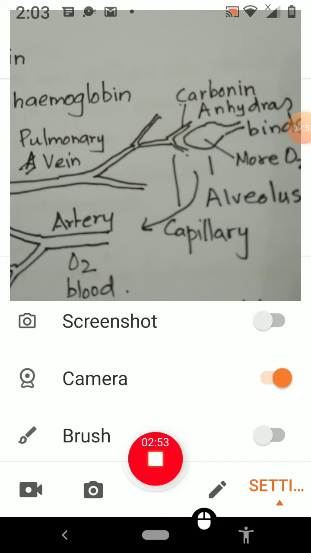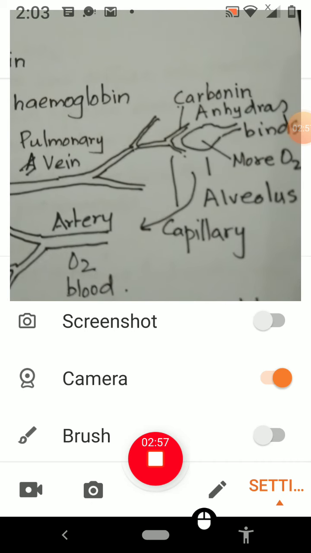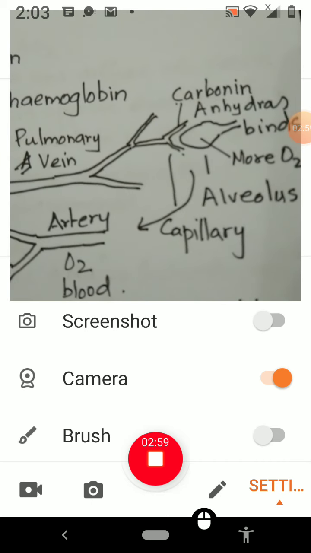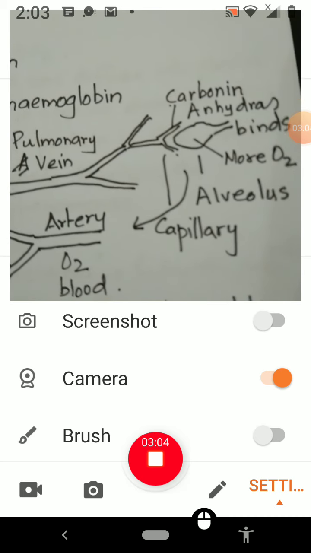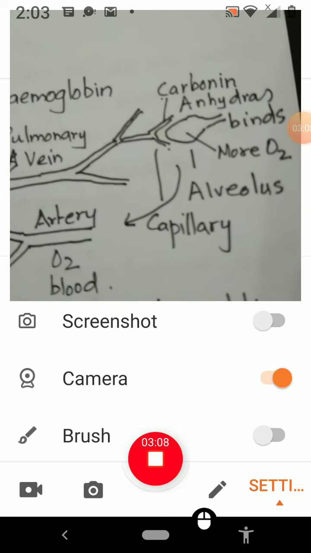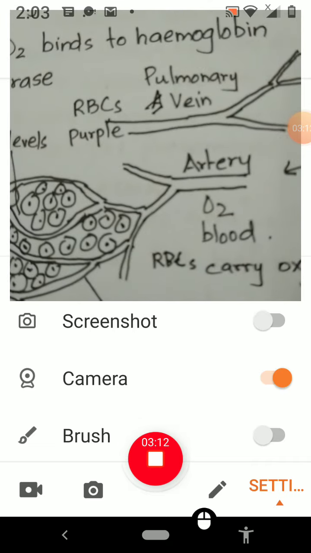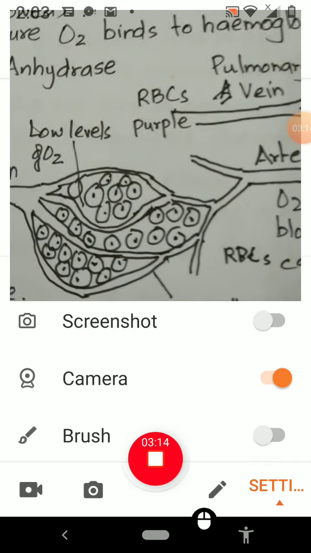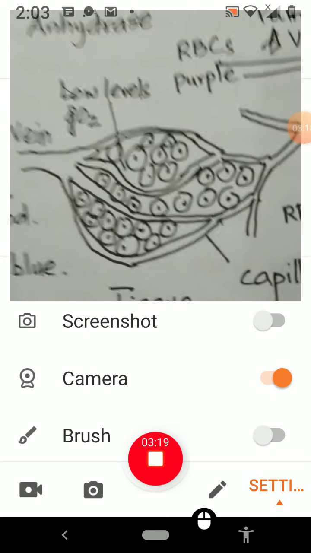Hemoglobin pigment is purplish blue when oxygen is removed from it, and when oxygen is added to hemoglobin, it changes into a reddish color. So from the alveoli, the capillaries take the oxygenated blood to the arteries, where this oxyhemoglobin-carrying blood reaches the tissue level.